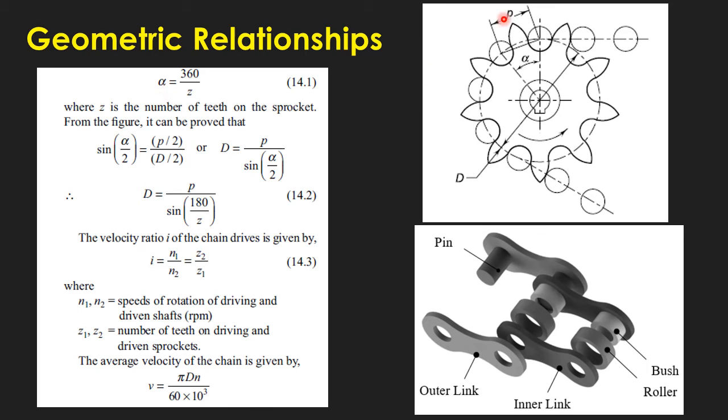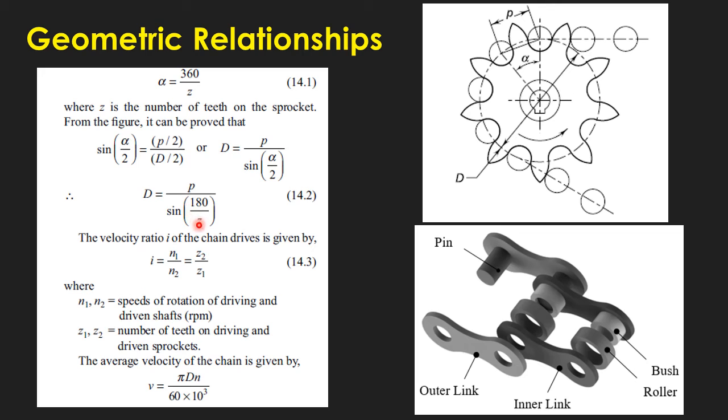Pitch is the linear distance which I already explained, and for the pitch circle diameter, you can go through this derivation, a simple one. This is D by 2, and this is P, and if it is alpha by 2, what will be the equation?